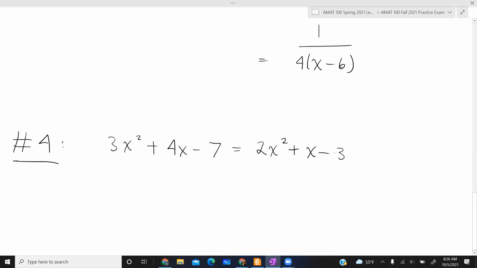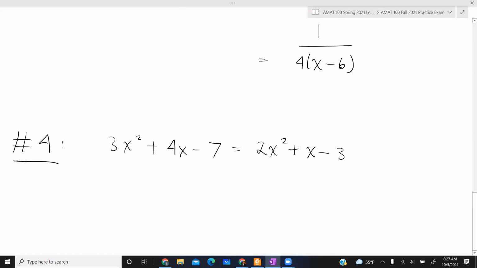We're not supposed to use the quadratic formula or anything like that. We're told that we can do this by factoring. So if that's on the exam, I wouldn't give you full credit if you solved this using the quadratic formula, as you're told specifically to solve it by factoring.